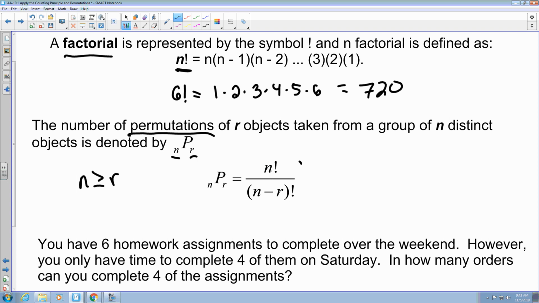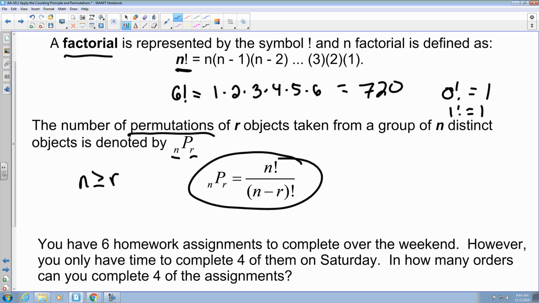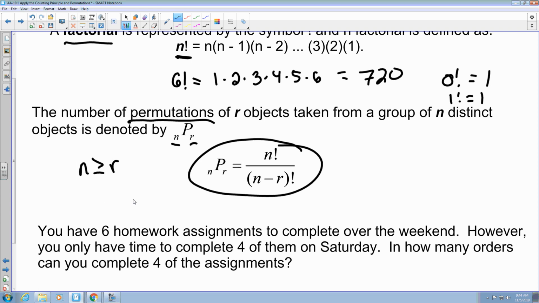And this is the formula that allows us to look at these different problems. Another thing to keep in mind with factorial is that 0 factorial equals 1. It means the same as 1 factorial, which also equals 1. Keep that in mind when solving these problems.